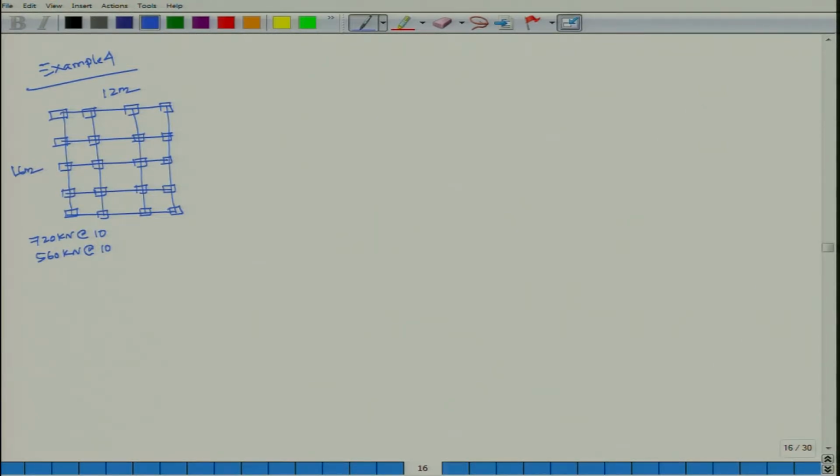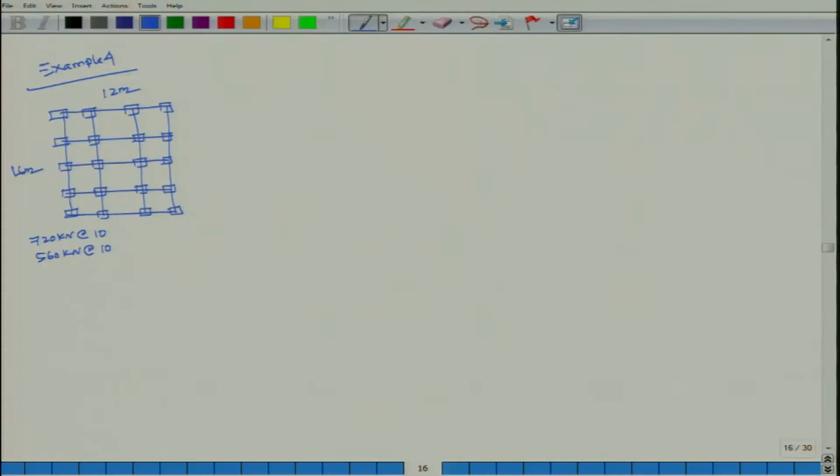There are also subsoil profiles. So, go for a design. Here again you have to start with isolated footing. If isolated footing is not satisfied, then go for a strip footing. If it is not satisfied, go for a raft foundation.